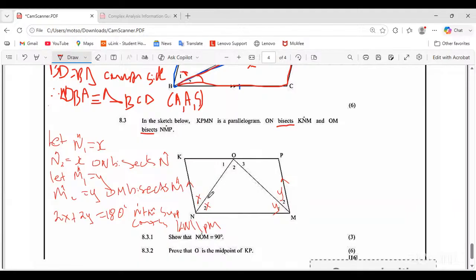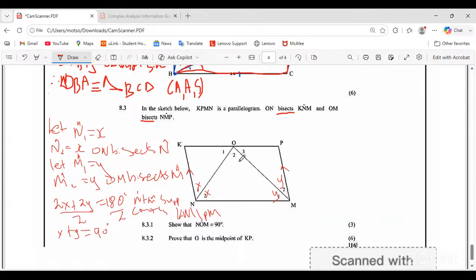Now, what are we going to do? We want that angle. But before we can go there, we can find the sum of x plus y. If we divide by 2 on both sides, we get x plus y is equal to 90 degrees, right?